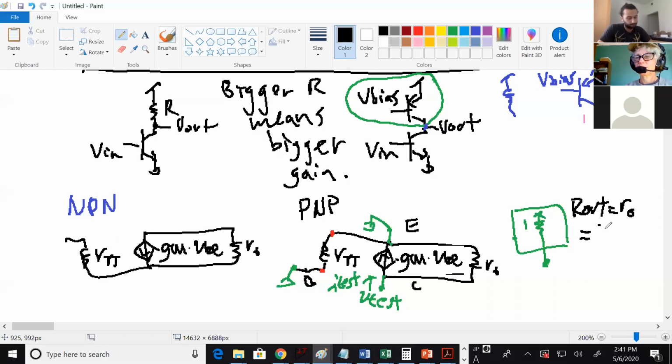The early voltage over the collector current. Yes. And what determines the collector current? Oh, I see. VBE is an exponential component of the collector current. Yes. So you'll always get RO, but the current's going to be different depending on how you biased it. But won't it always be forced to the current of the NPN on the bottom?